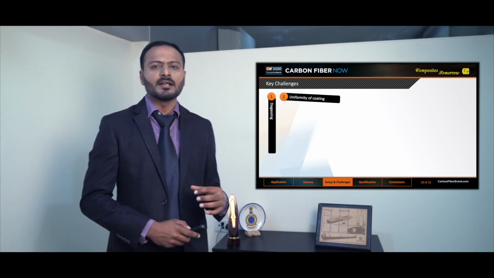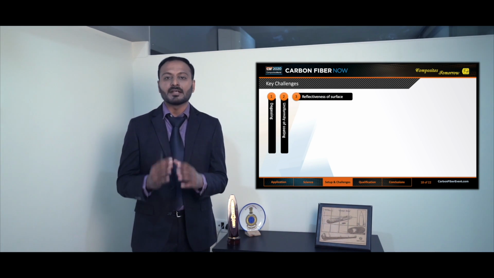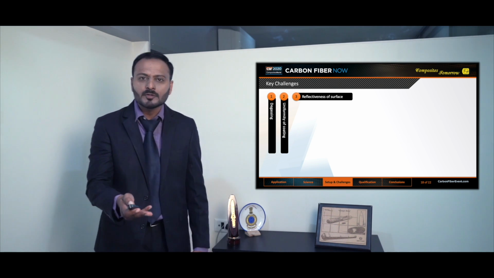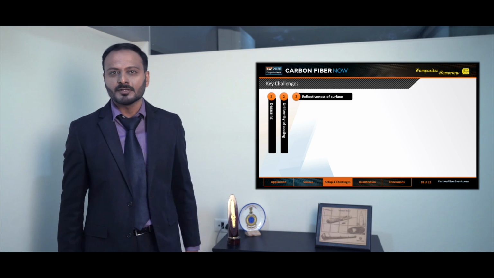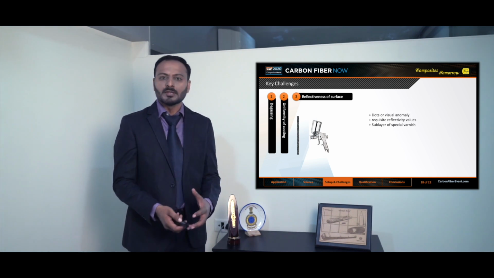The next difficulty that one may face with this process is reflectivity of the surfaces. In many cases, you require vacuum sputtering to enhance the reflectivity of carbon fiber composites, typically a black component. So, how do you do that?